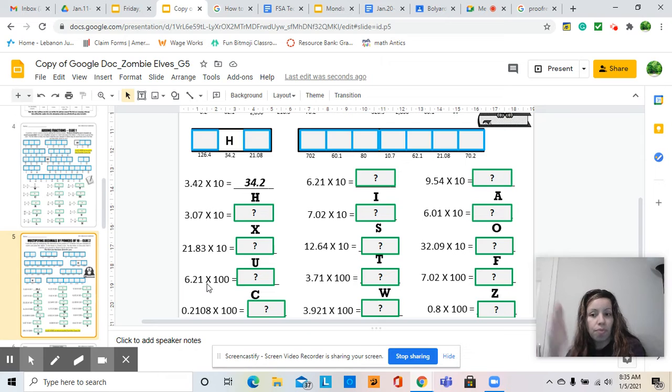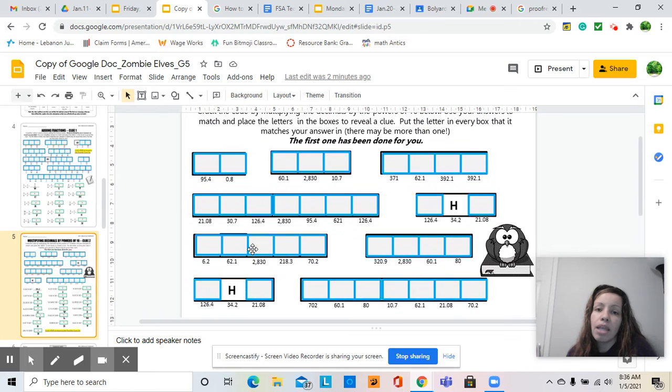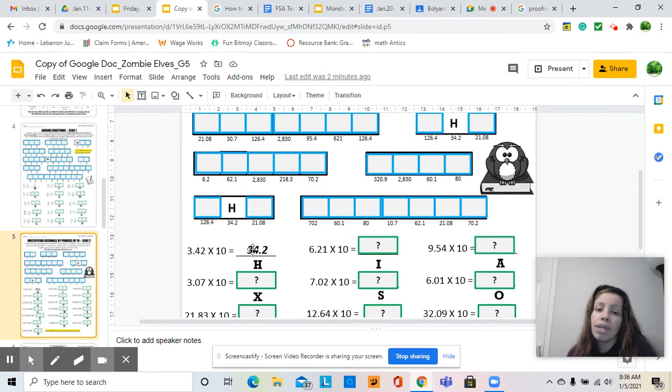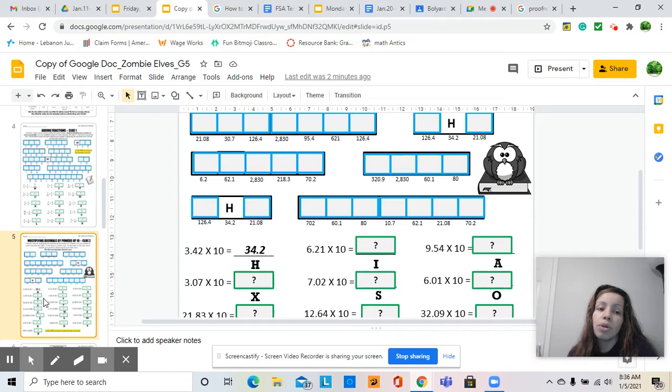Remember, when we multiply by multiples of 10, we move the decimal place, moving the numbers either forward or backward depending on the number of zeros. So this is one of those. You know that number 1 is done for you. And again, if the answer is this one, then this is the letter that goes there. So again, matching. And then once you have the secret code, then you will be ready to go to slide 3 and rule out another clue.